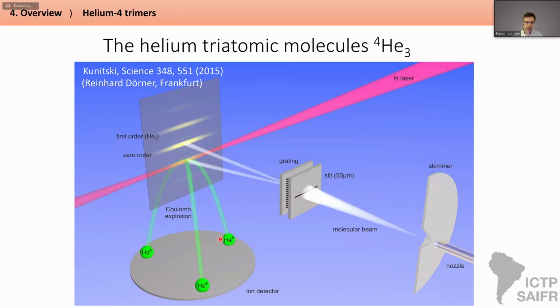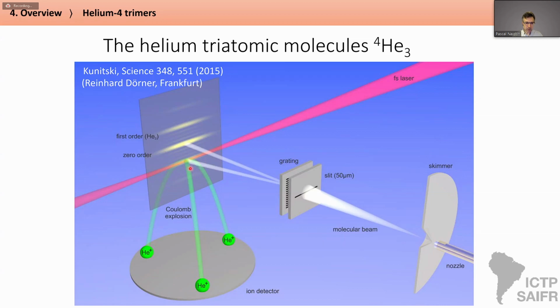From this detection, it's possible to reconstruct the motion of these atoms, which is essentially classical. Then one can reconstruct the original position of these atoms when they were hit by the lasers.